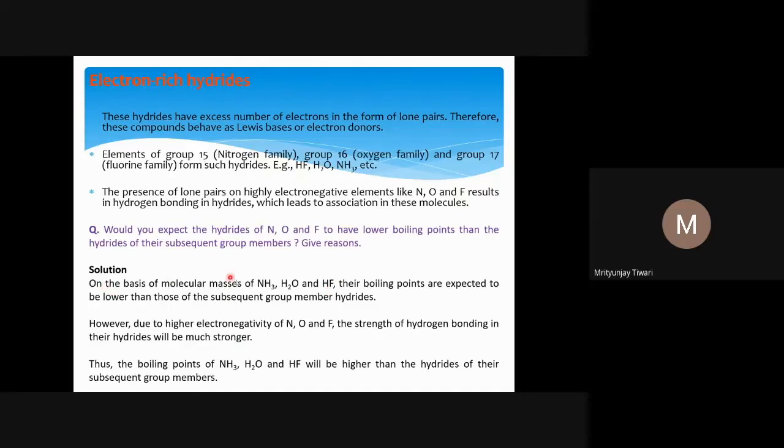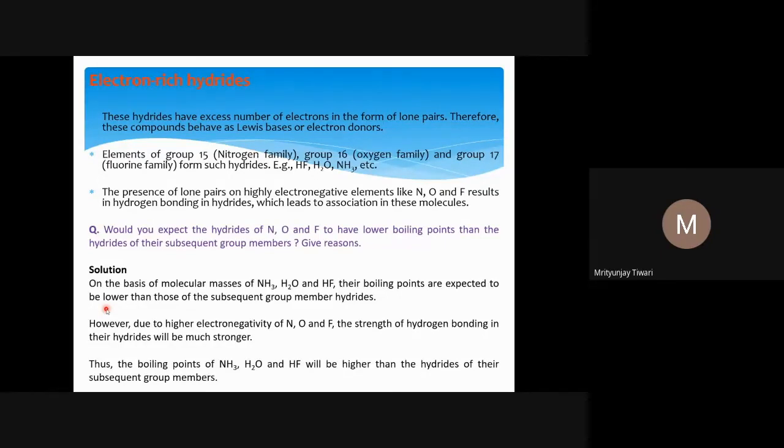On the basis of molecular masses, the boiling points of ammonia, water, and hydrogen fluoride or hydrofluoric acid are expected to be lower because they are the lightest hydrides in their group. One would expect their boiling points to be lower because you need to provide a lesser amount of energy to evaporate a lighter molecule.